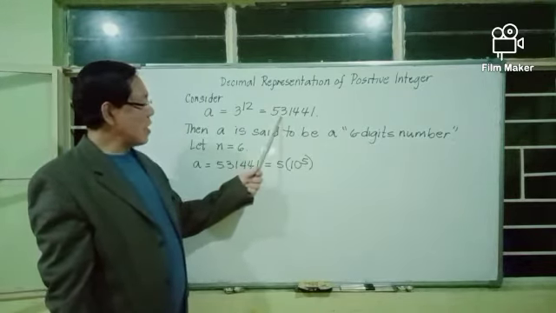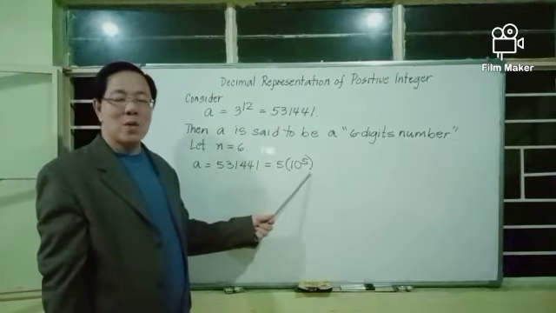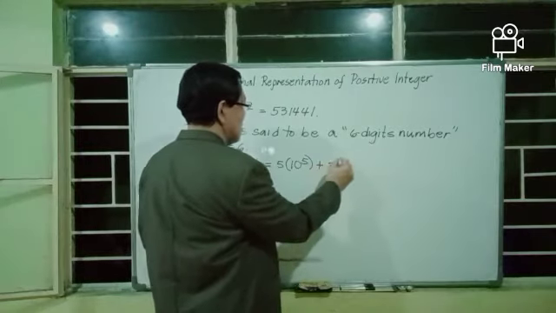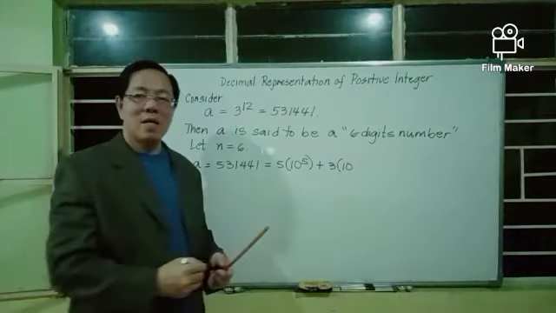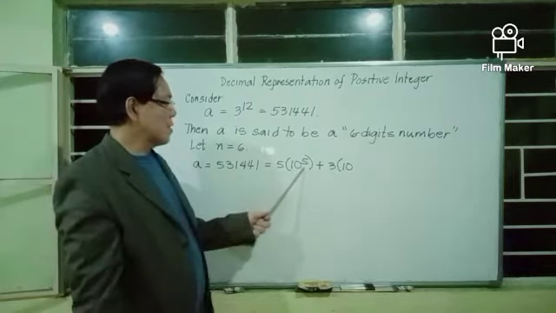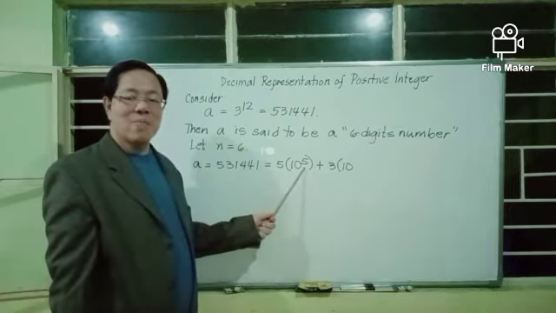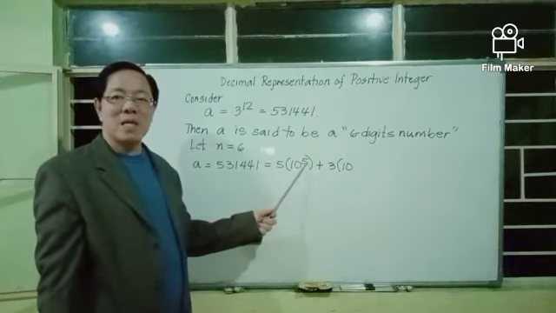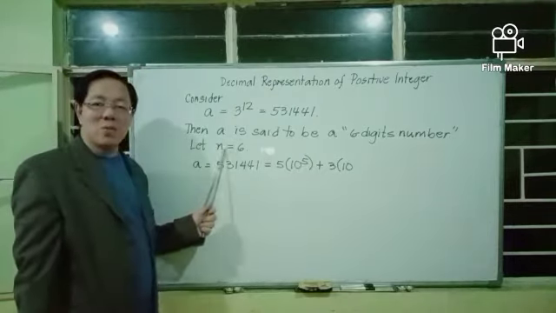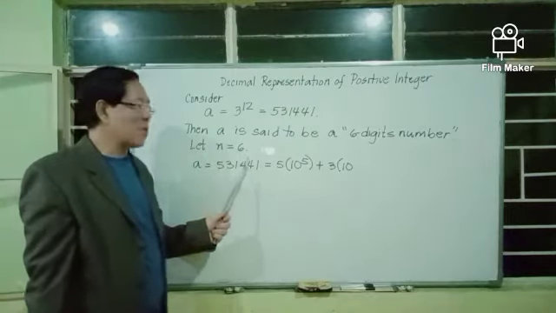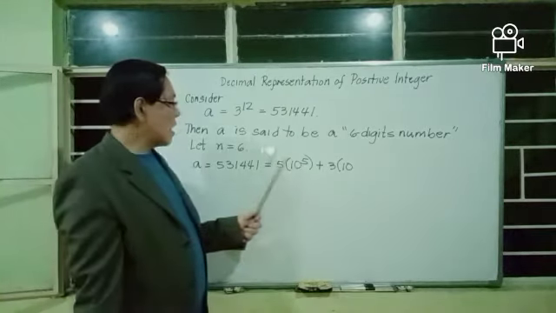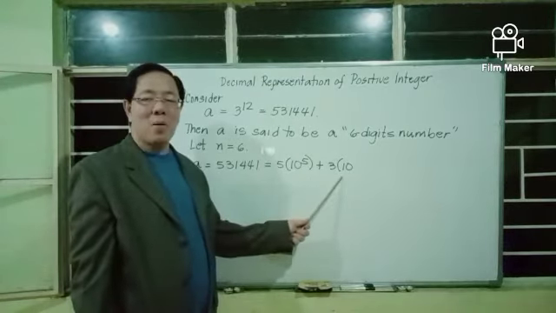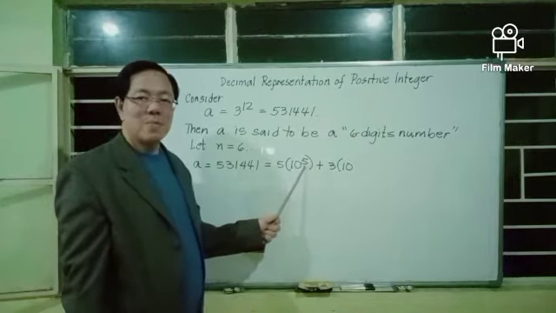The second digit now is 3, multiplied by 10 to the power 4. The exponent of 10 begins from n minus 1, in our example 6 minus 1, 5, and then decreases. The next digit in this number is 3 multiplied by 10 to the power 4.